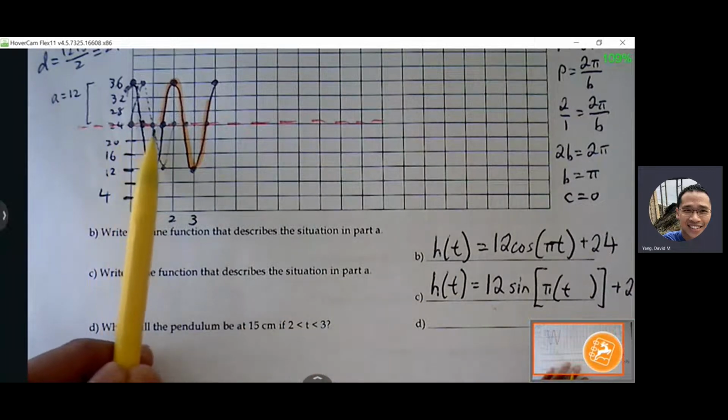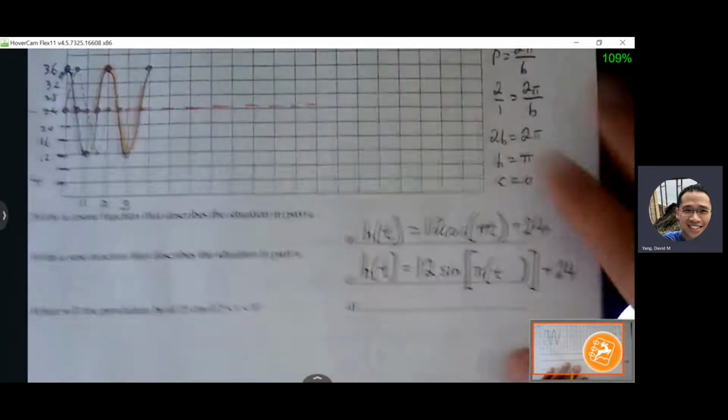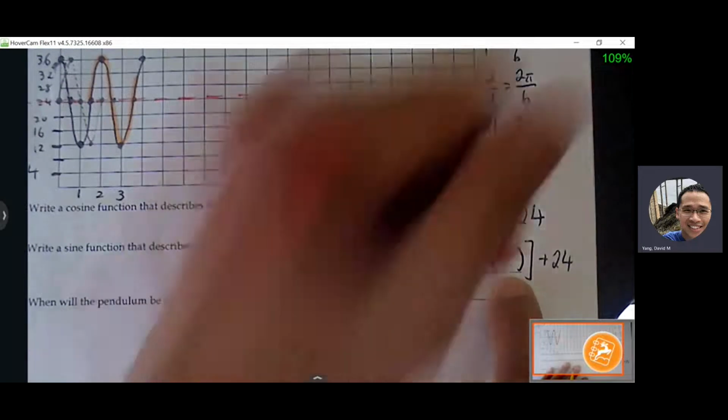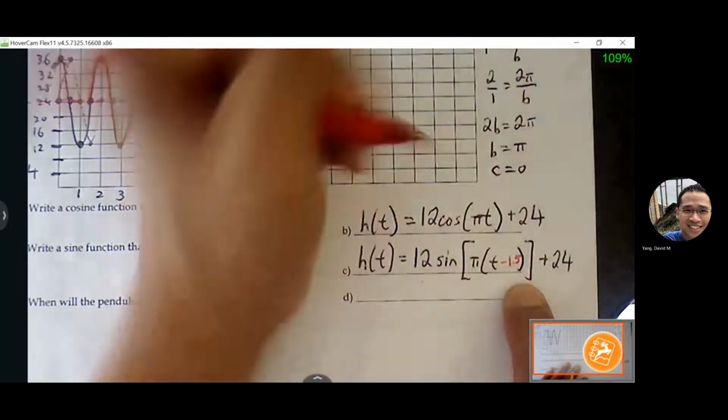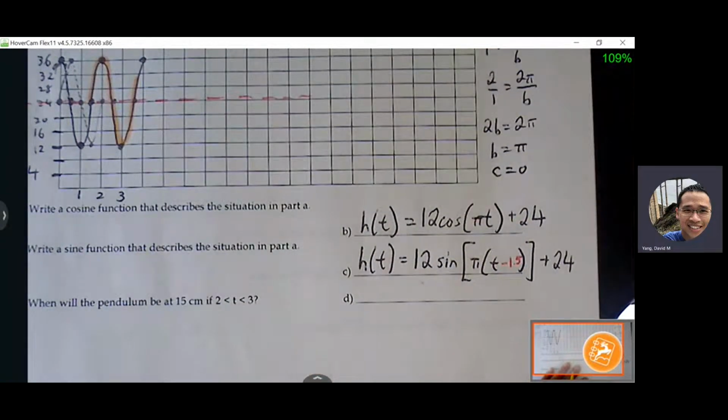Right 1.5. So that's what we're going to do. How do I represent right 1.5? Minus 1.5. Okay, we take that original sine graph and we shift it in place of the one that we want.